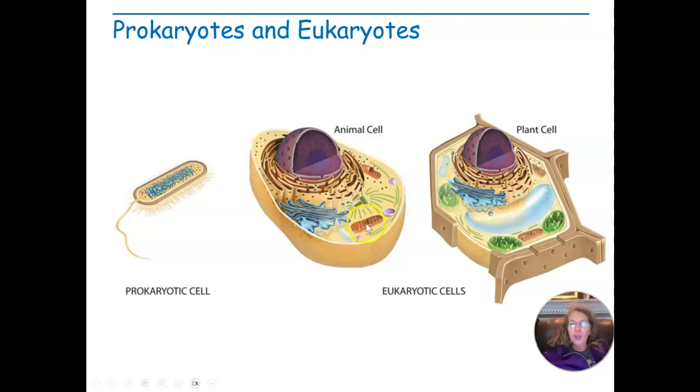The mitochondria is the location of where cellular respiration occurs, or the breakdown of organic molecules to produce energy. And the plant cell has this large central vacuole that the animal cell does not have.